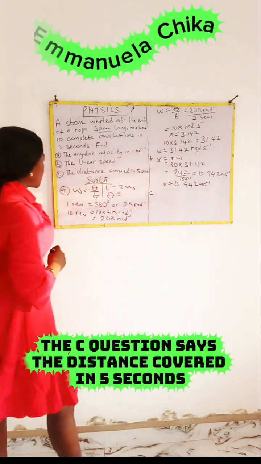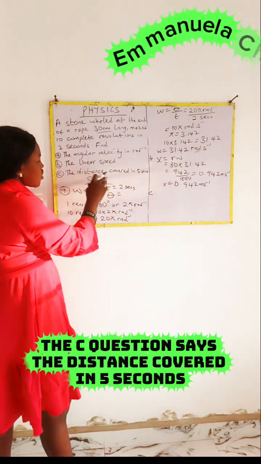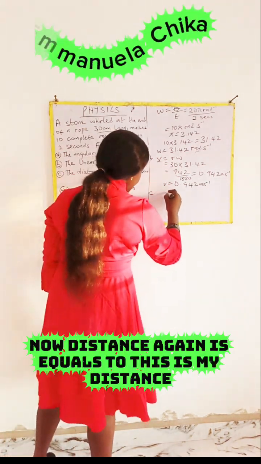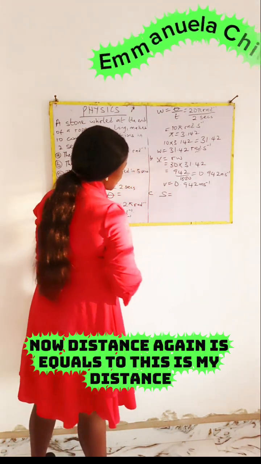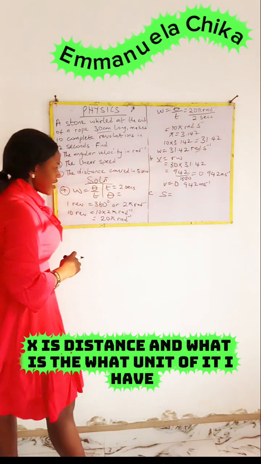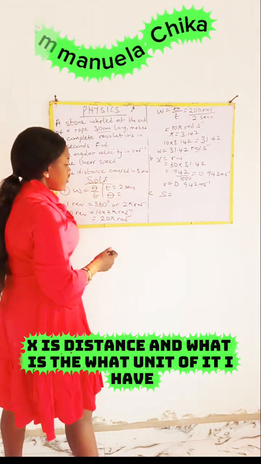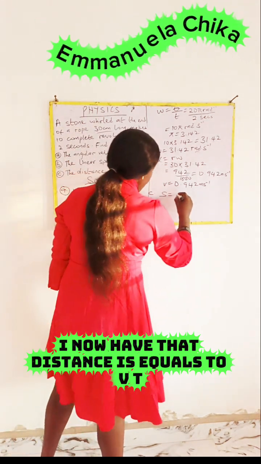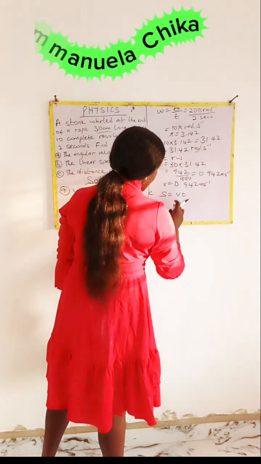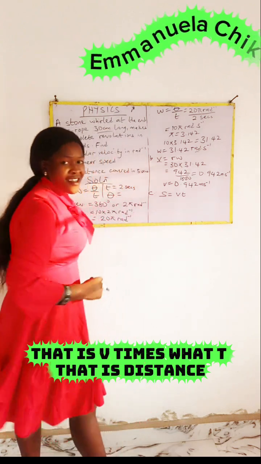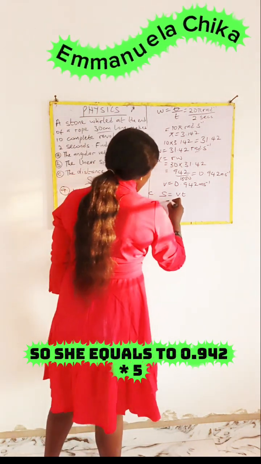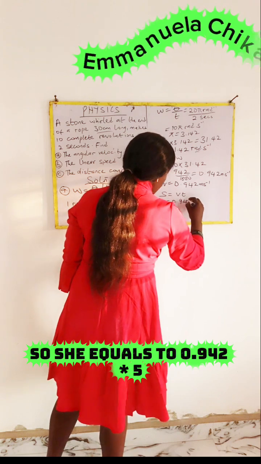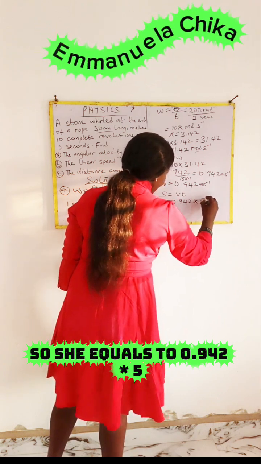Now, the C question says the distance covered in 5 seconds. Now, distance, x, is equal to v times t. That is v times t. So it should be 0.942 times 5.